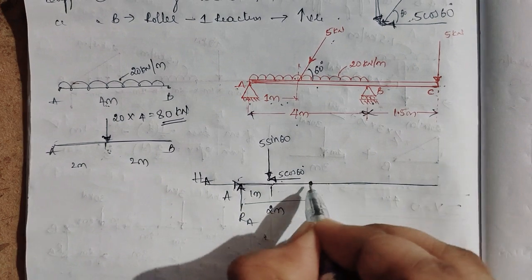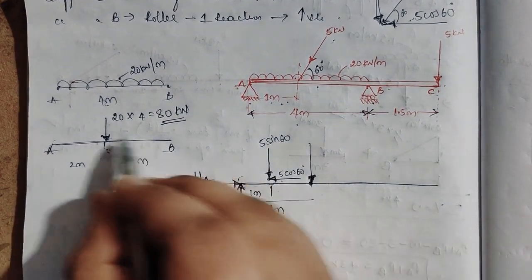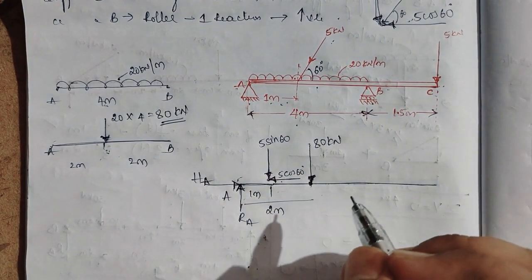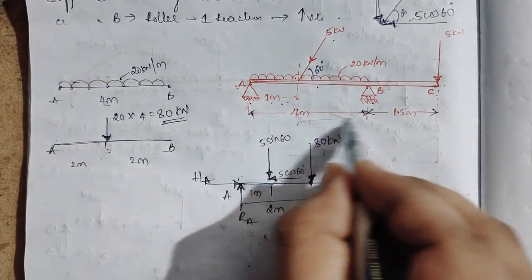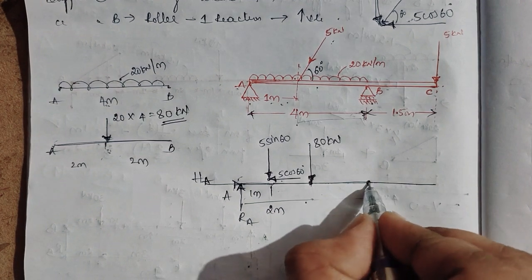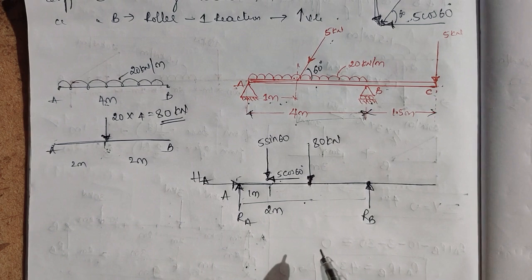At a 2 meter distance we have one point load with an intensity of 80 kilonewton. Then 2 meter here, and another 2 meter to B. So B is a roller support, we have only one reaction, that is RB.